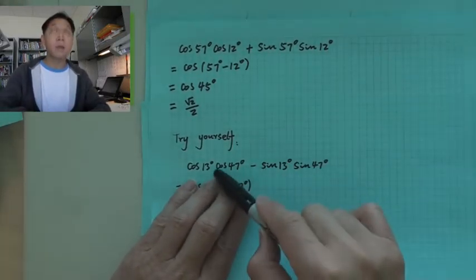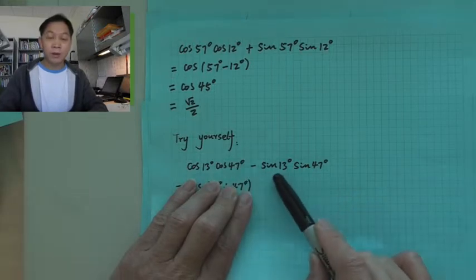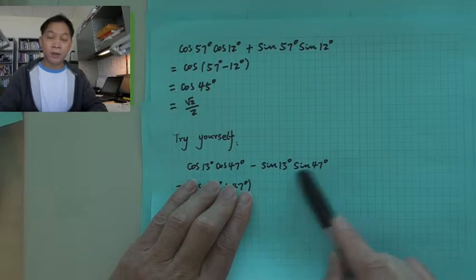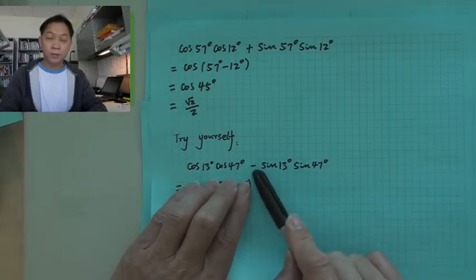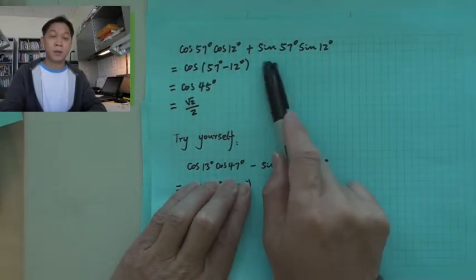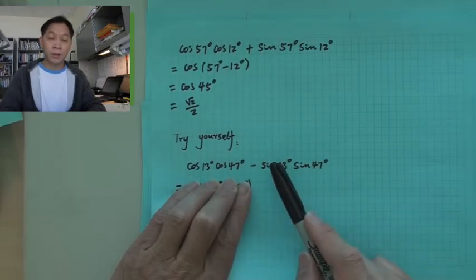Cosine 13 degrees, cosine 47, sine 13 degrees, sine 47. Here is minus. If here is minus, like the one previously we did, my plus inside is minus for cosine.